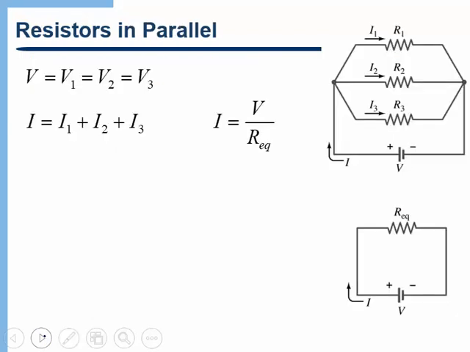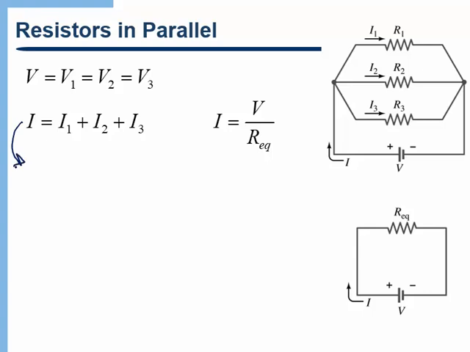Okay, let's use these two formulas to figure out how resistors add in parallel. You might guess that it works the same way as capacitors add in series, and you'd be correct. Okay, so in this case, I'm going to first start with this formula.